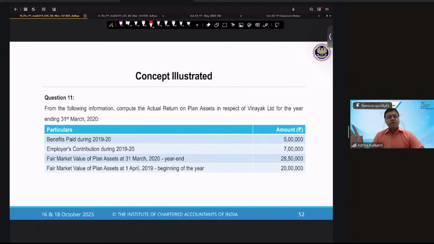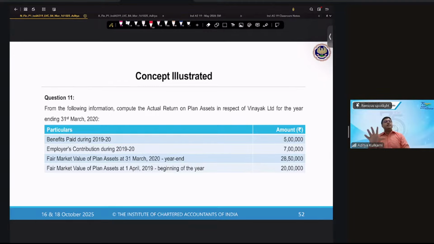Tomorrow, suppose an employee retires or resigns, whatever it is, and basis his resignation or retirement, he has to be paid 5 lakh rupees. My obligation value is 20 lakhs. Out of that, I have to pay 5 lakhs.